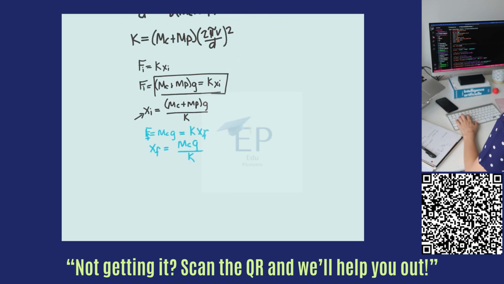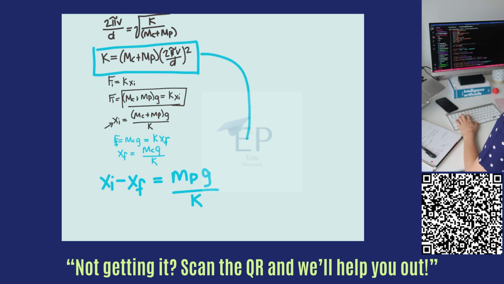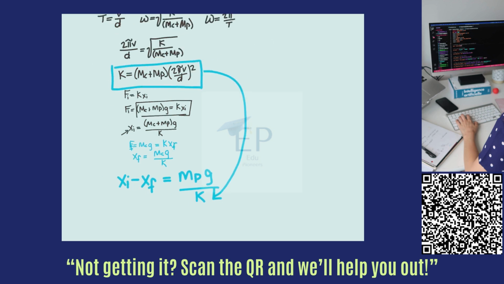So to find the difference between the two, we are going to do the difference between x_i minus x_f, which is going to be the mass of the people times gravity over k. And now we can take this term up here that we created for k and substitute that in.